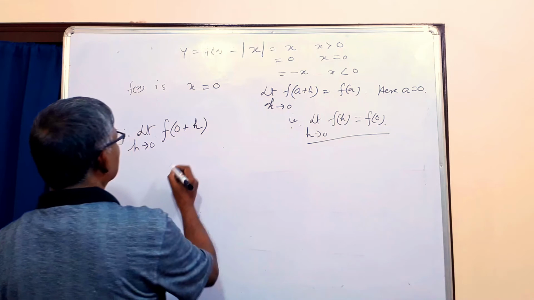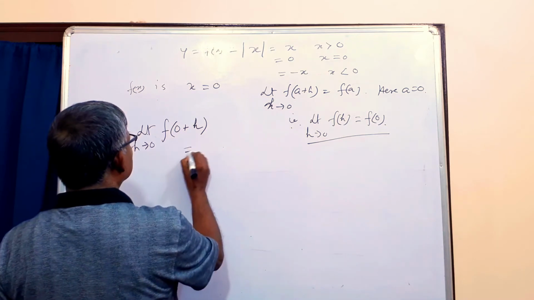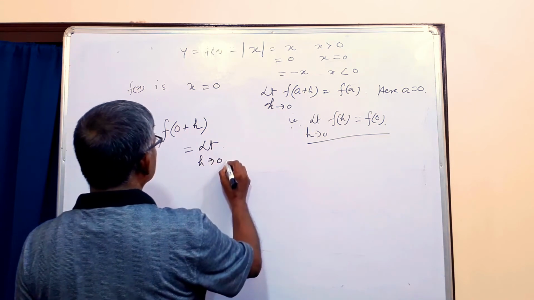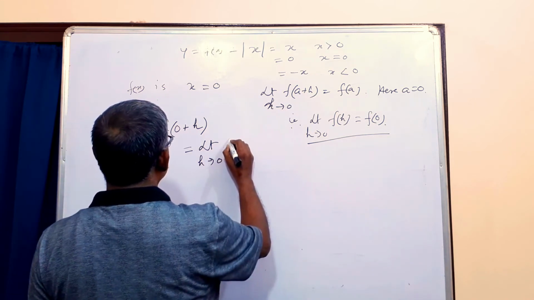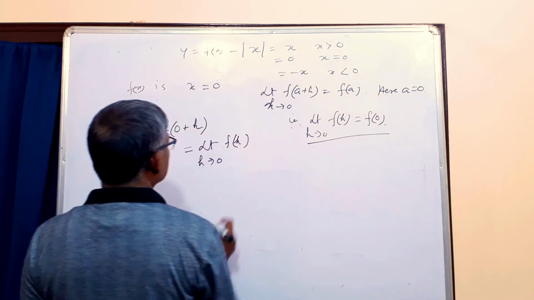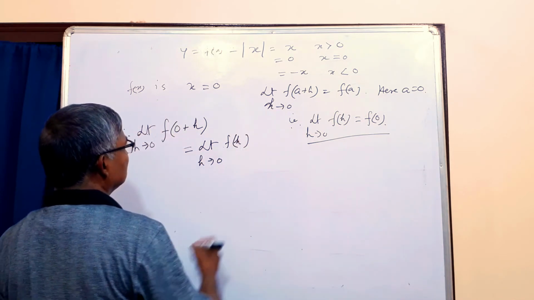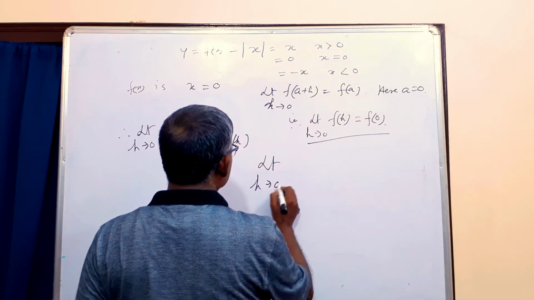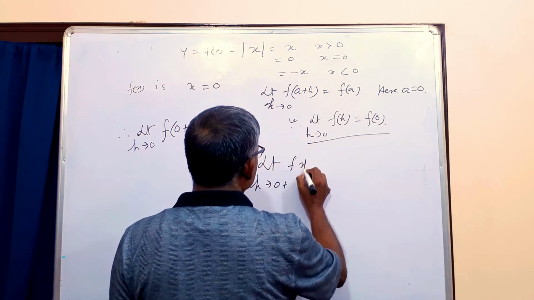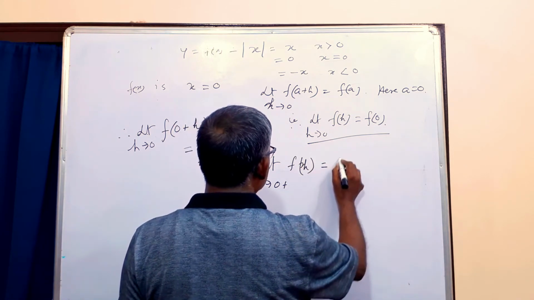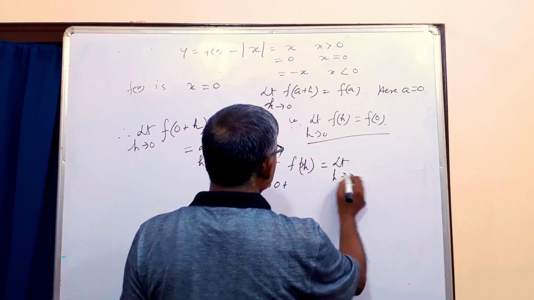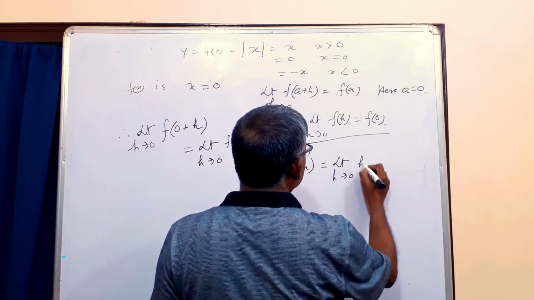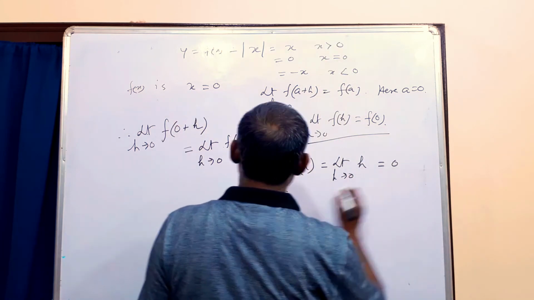Here see, this equals to limit h tends to 0 of f of h. Here two cases. One, limit h tends to 0 plus of f of h equals to limit h tends to 0 plus, that means h greater than 0, that is h, which equals 0.